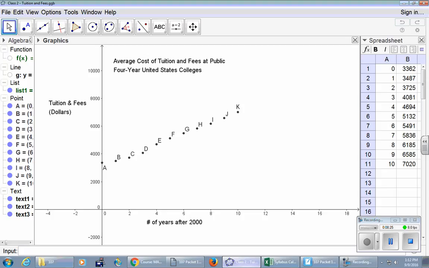She chose to type in these numbers and make it clear that we're counting years from 2000 in this first column. And then the dollar amounts are here in column B. You click a couple of buttons and get it to plot those points. Now these are exactly the same as the rectangles, except it's points. It's just like a point at the very tip top. Maybe it's the top left point of each rectangle. Maybe it's the top right.